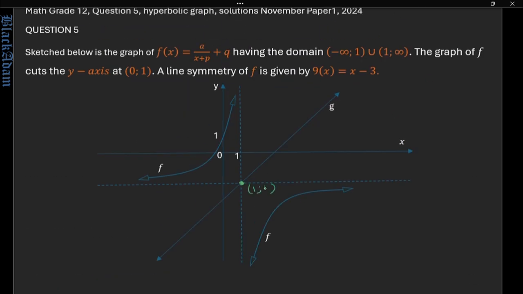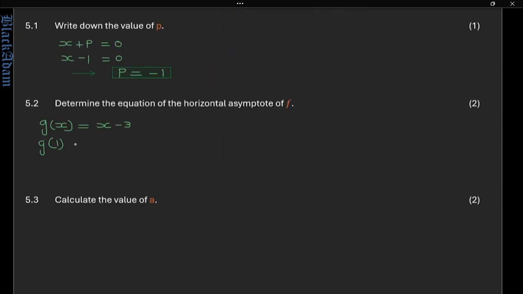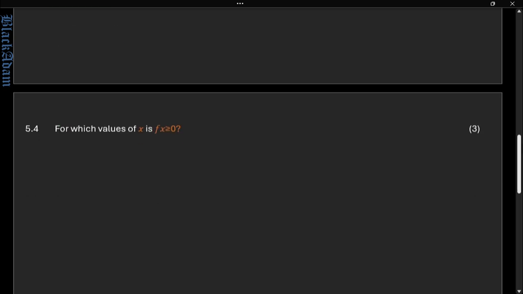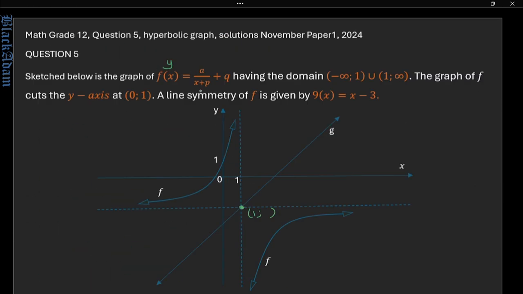What is our y value? When it's 1, it's 1 minus 3 is equal to y, so y is -2. So that's the horizontal asymptote, y is equal to -2. So that's it.